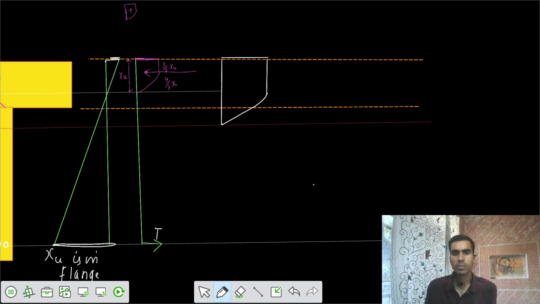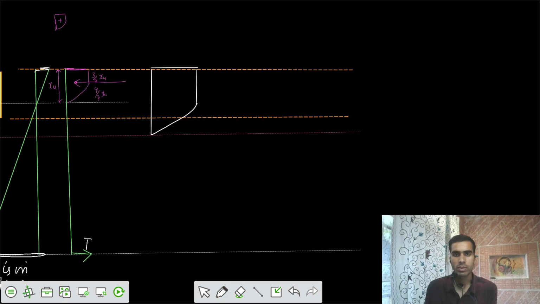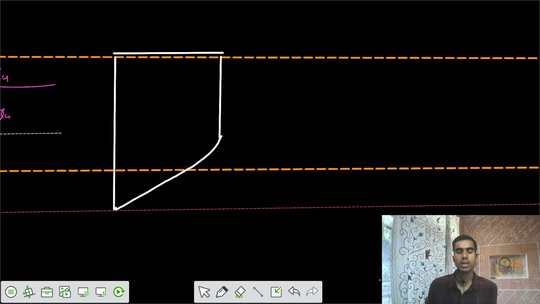Let's remove this to get the confusion out of the way. If this is DF, the total thickness of the flange, this is the DF line.